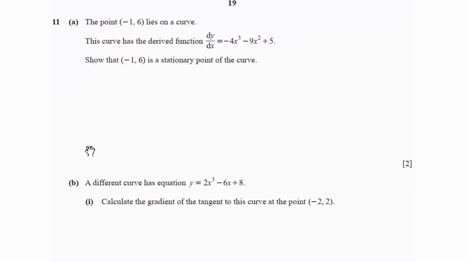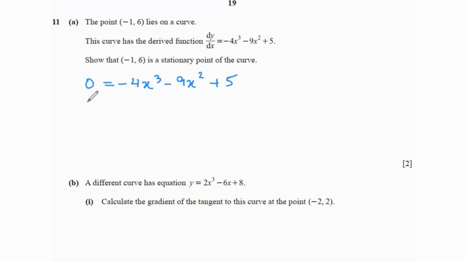Question 11 says the point (-1, 6) lies on a curve. This curve has the derived function dy/dx = -4x³ - 9x² + 5. Show that (-1, 6) is a stationary point of the curve. Stationary points are found by putting the first derivative equal to 0. So 0 = -4x³ - 9x² + 5.